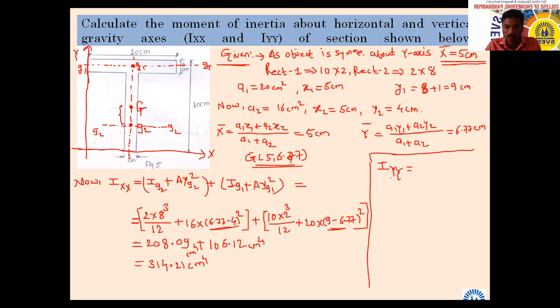In both equations, second term will come 0. Are you agree? Yes, sir. Means this will become very easy because the object is symmetrical and all the centroids lie on a single vertical line. So there is no question of difference between x coordinates. So directly I will write I-YY.